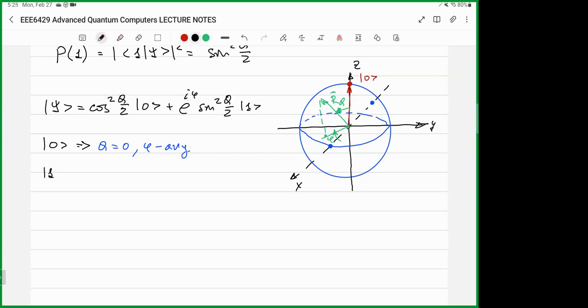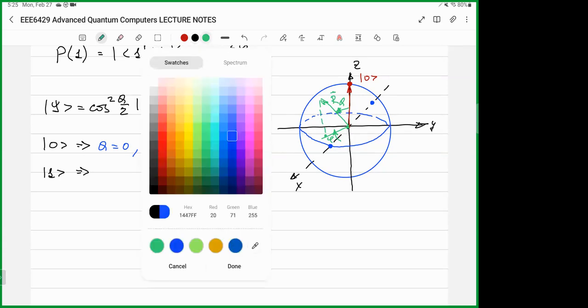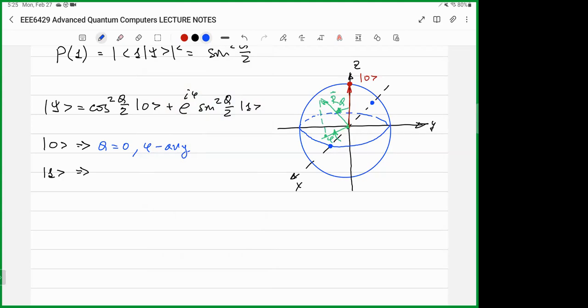Next, where is the state 1? The same way, I need to get my first term to be 0, the second to be 1, right? And I conclude that theta in this case must be equal to pi, because sine of pi over 2 is equal to 1.